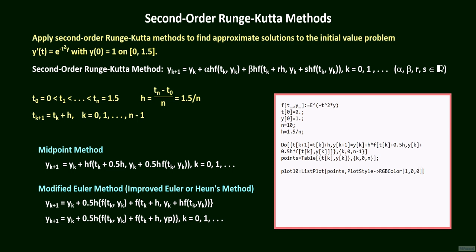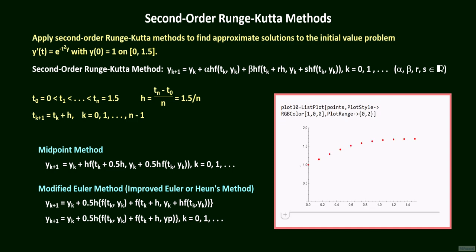We also specify the range of the y values. To ensure that all the points will be shown on the graph, we specify the plot range for the y values to be between 0 and 2. We execute the code, and we have the plot of the approximate solution.